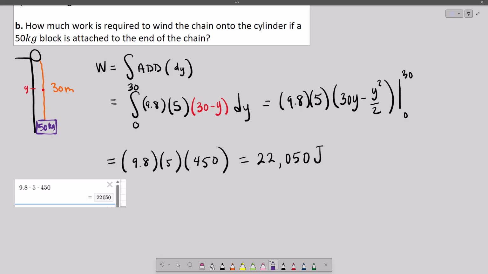When you're winding things, the mass of the rope that's dangling is changing, right? Each moment there's less mass. So that's why we have to have that integral in there. But if we just lift a block, that's the simplest scenario where we can just multiply force times distance. Force is mg for gravity, and then we multiply by distance. So if we're lifting a block, it's just going to be mgh.